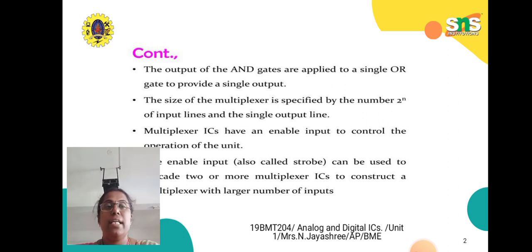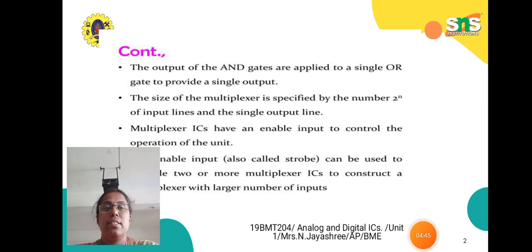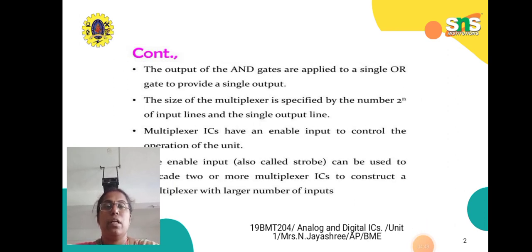The value of the NAND gates is applied at the gate to provide the output. The size of the multiplexer is specified by the number of input lines and the single output line. Multiplexer ICs have an enable input to control the operation of the unit. The enable input can also be used to cascade 2 or more multiplexer ICs to construct a multiplexer with a large number of inputs.